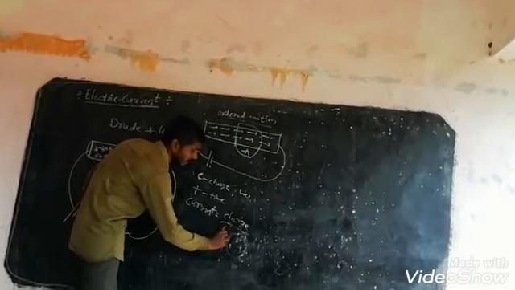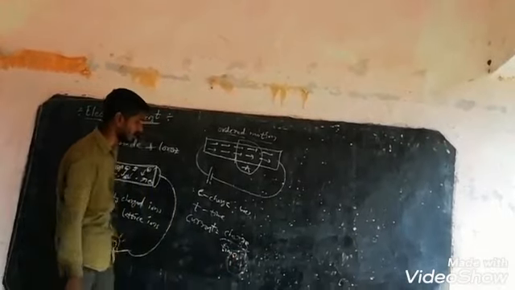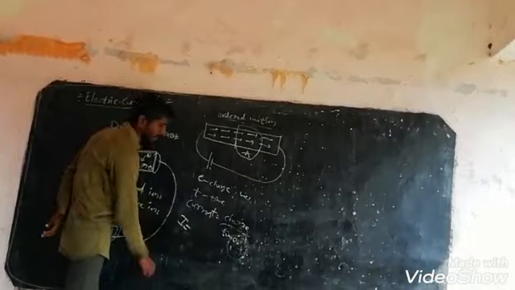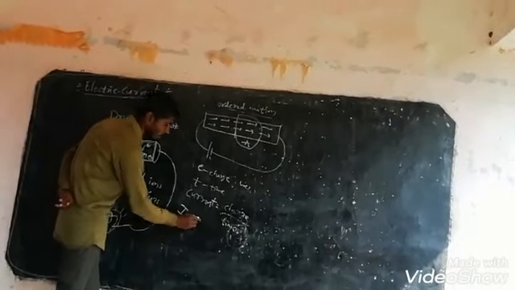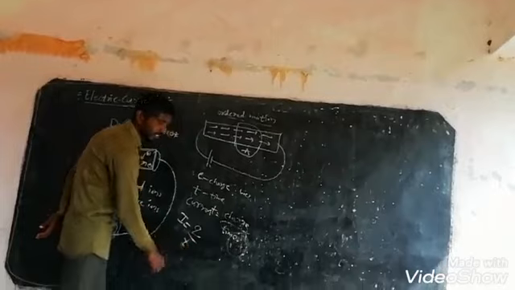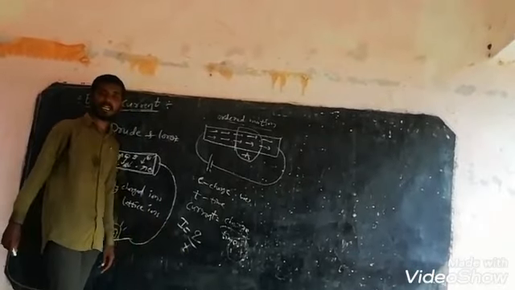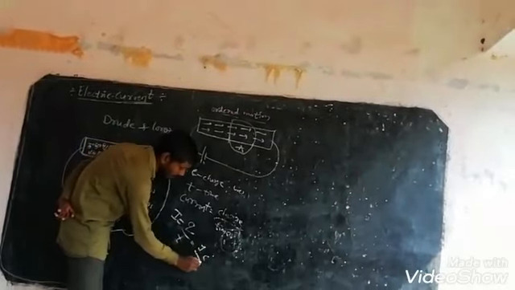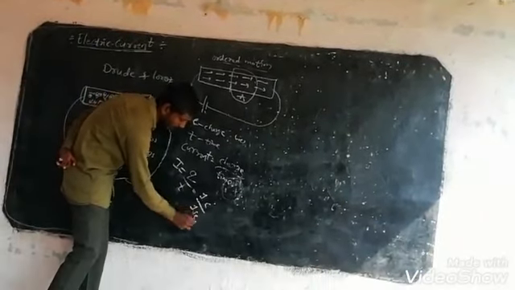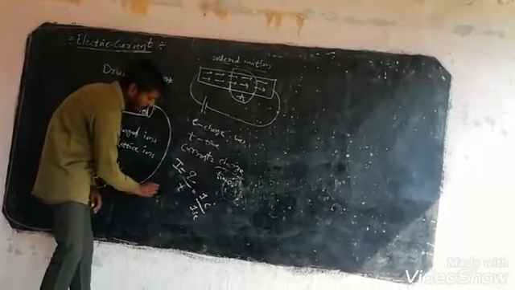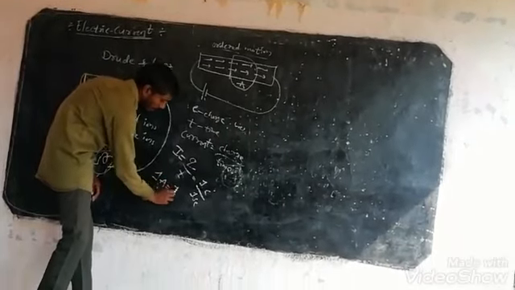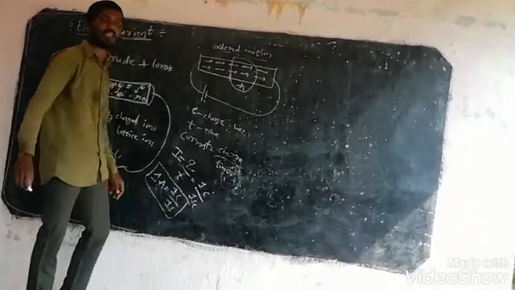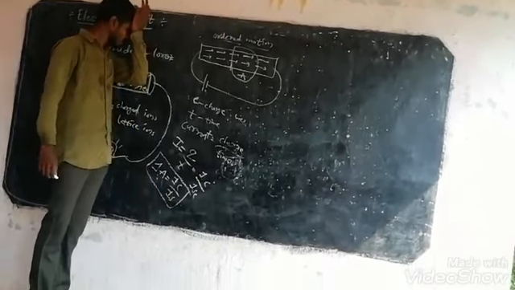Current I is denoted by charge Q over time t, so I equals Q by t. Charge units are coulomb, time units are second. So the unit of current is 1 amp. 1 amp is equal to 1 coulomb per 1 second.